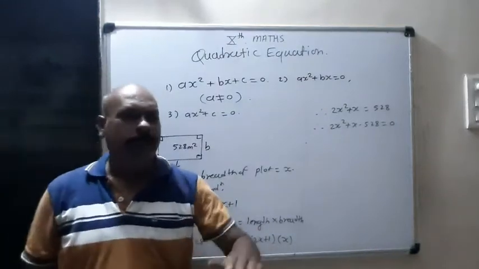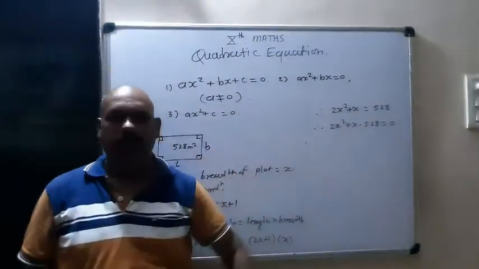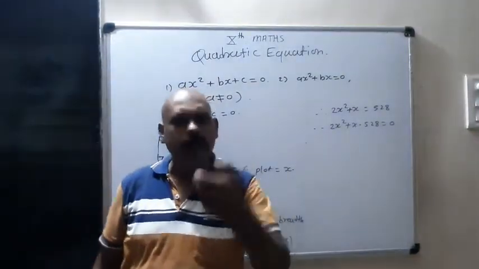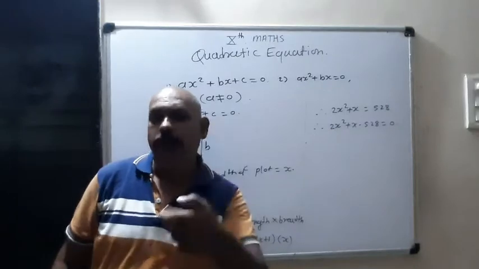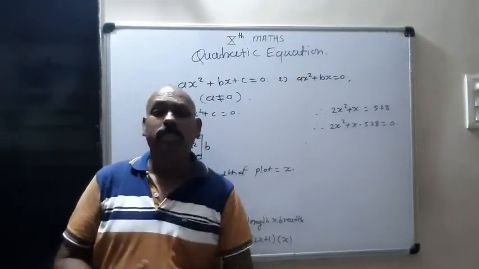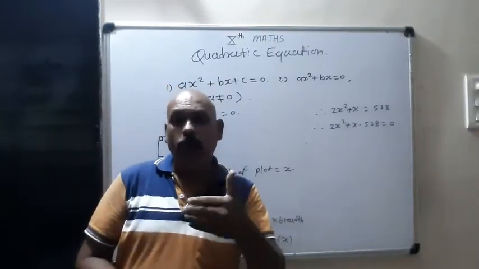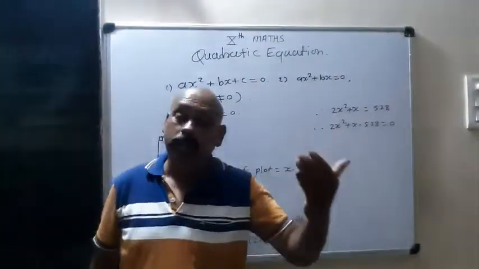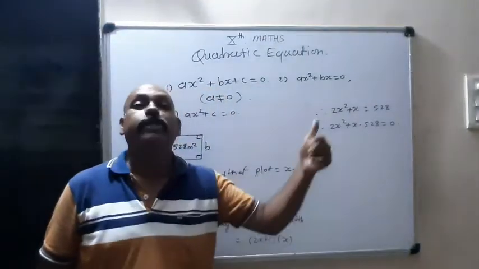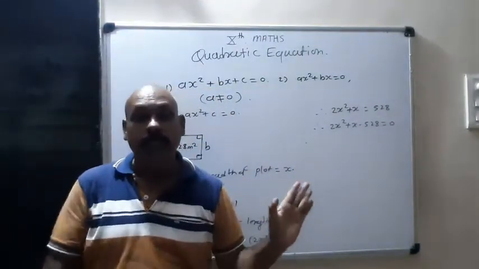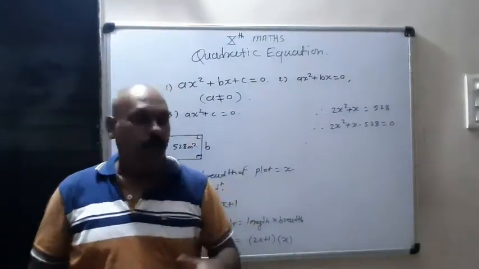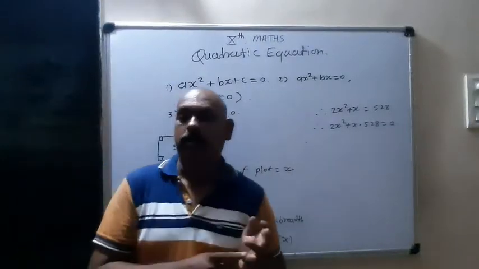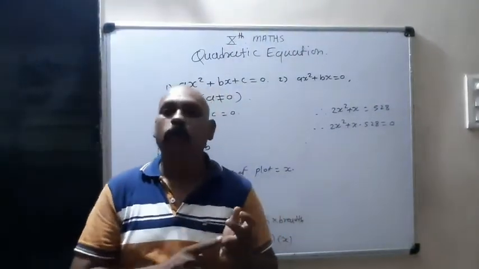But some quadratic equations are not so easy. They can't have solutions in integer form. Their solution may be an irrational number, or we say a real number. So for that we use methods like the completing the square method, and there is the formula method.